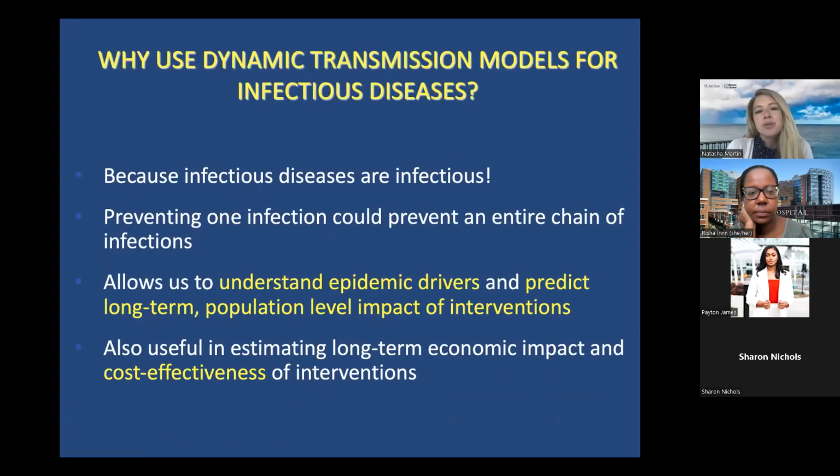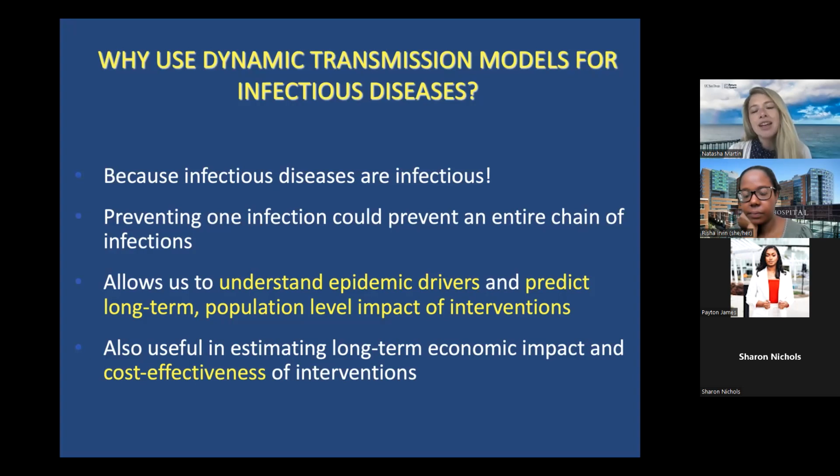Okay, so why do we need these models? We need them because infectious diseases are infectious, as I mentioned, and because preventing one infection doesn't just prevent an infection to that individual, it prevents a whole chain of onwards infections. And so we need a model that's able to simulate out that chain of infections so that we can understand how breaking that chain could affect the epidemic in a month's time or a year's time.